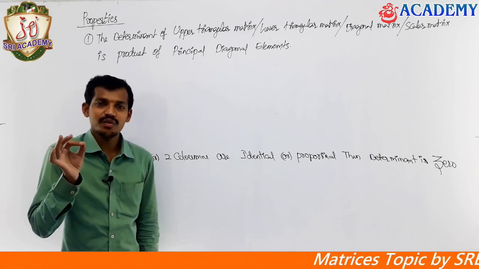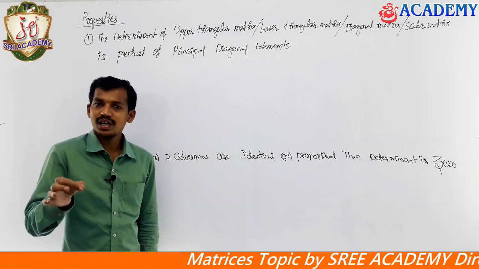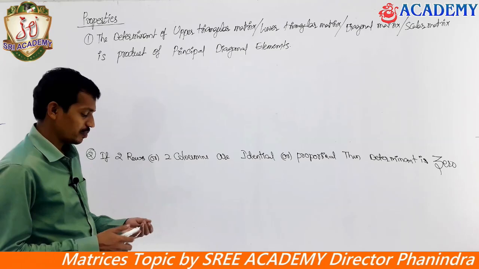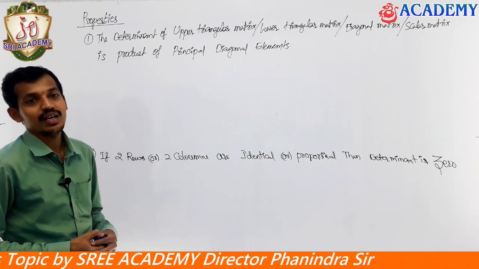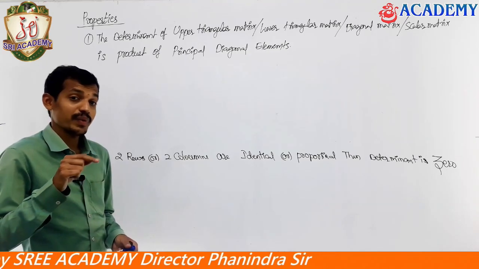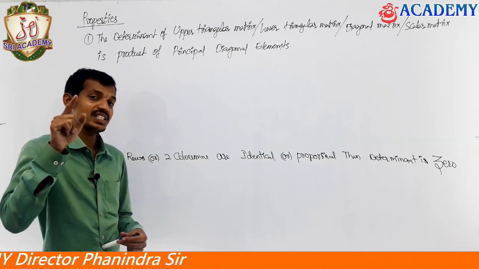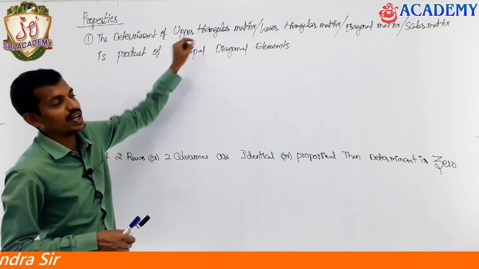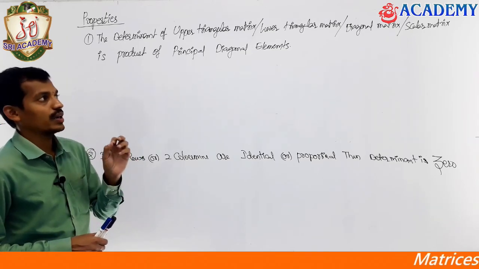If the matrix is diagonal, scalar, upper triangular or lower triangular, you get the determinant simply by multiplying the principal diagonal elements. By adding the principal diagonal elements you get the trace, which is for any square matrix, but the determinant shortcut applies particularly to upper, lower, diagonal and scalar matrices.